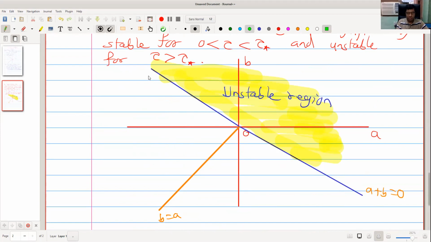So this is the delay independent stability region.